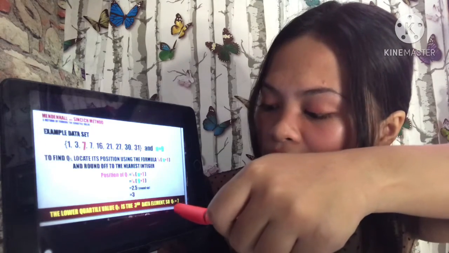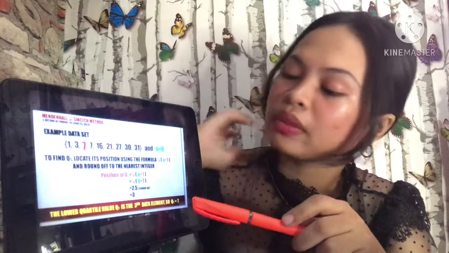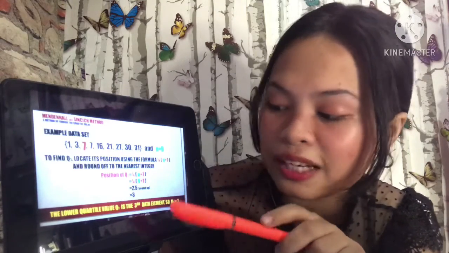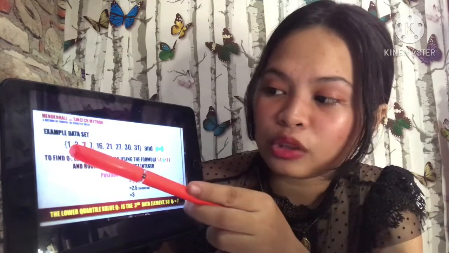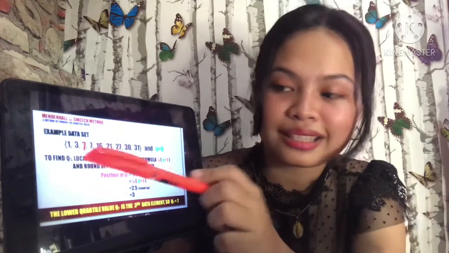So, quartile 1 is equal to 7. Why 7? Because the number 7 is the third element of our data set: 1, 3, 7. That's how we got our answer.